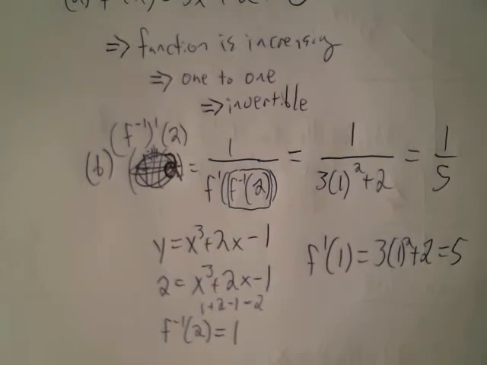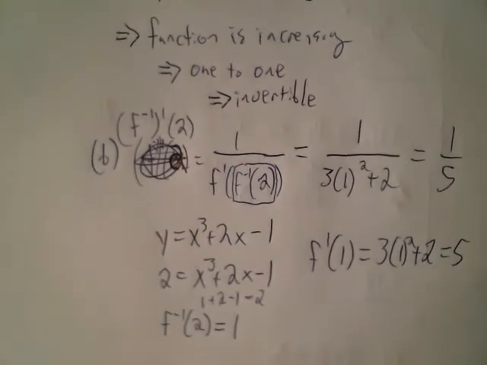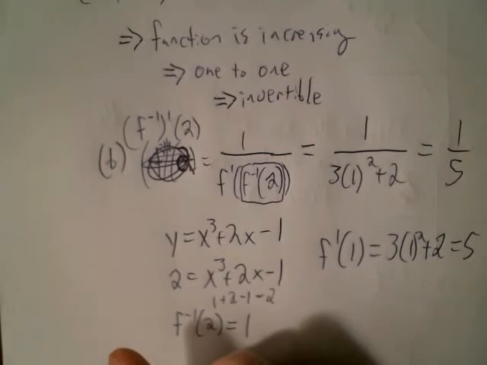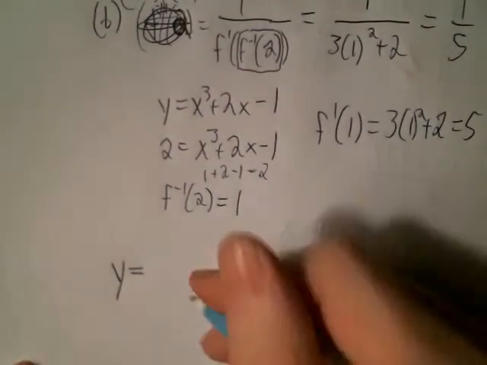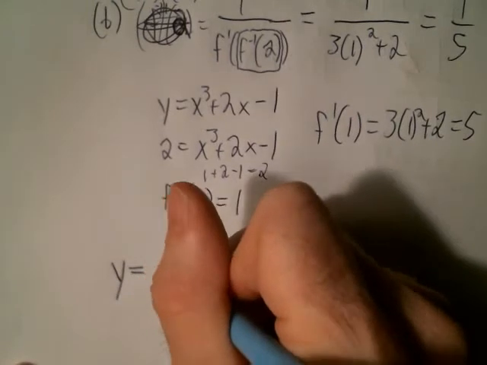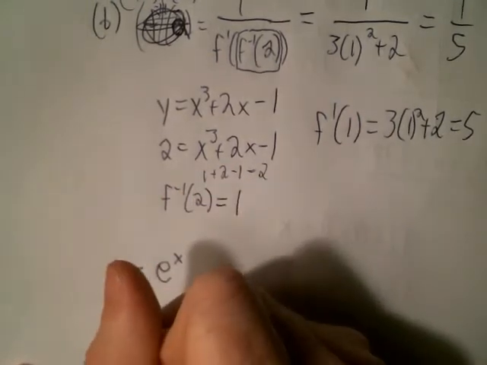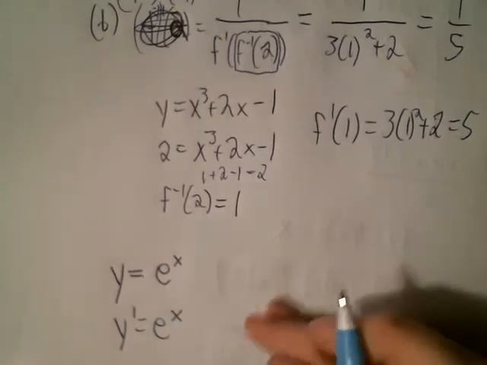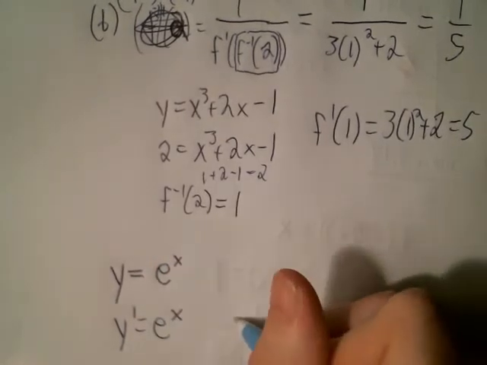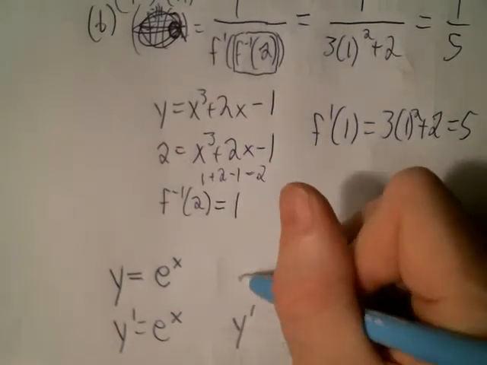Okay, let's look at another issue. We already kind of figured out that if you have y equals e to the x, we know y prime is e to the x. The question was answered earlier.